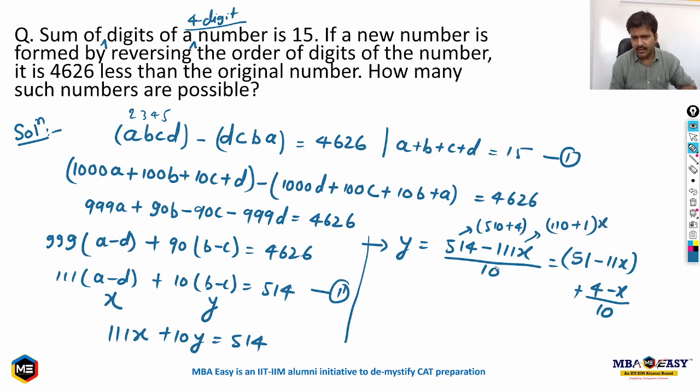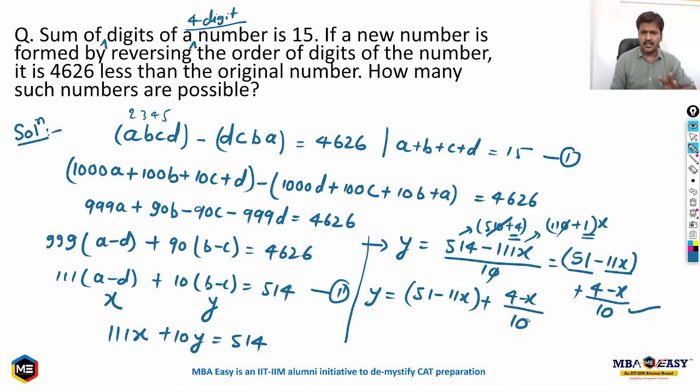Now 510 divided by 10 is 51, so 51 comes. 110 divided by 10, the zero cancels, so what remains? 11x, so minus 11x comes. And what remains is 4 and x, so (4 minus x) divided by 10. So I have got the equation y is equal to 51 minus 11x plus (4 minus x) divided by 10. This is my equation.